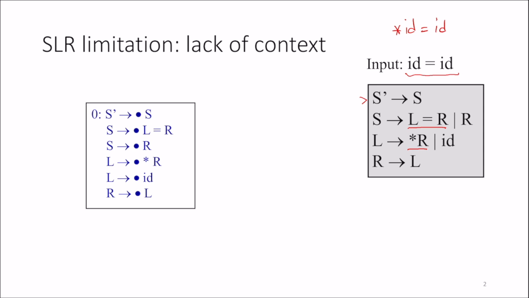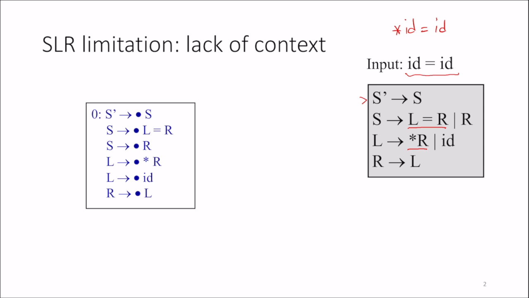So let's see what kind of issues this grammar poses for the usual LR0 table construction followed by the SLR1 use of the follow set to make sure that we know when to reduce and when to shift based on the follow set of the non-terminal on the left-hand side of the rule.